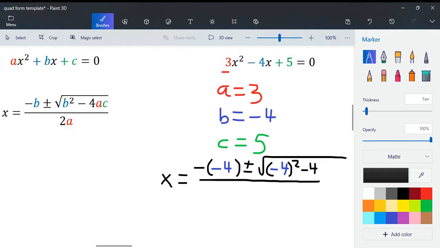Minus 4ac. Your a in this problem is 3, and your c is 5. All of that is divided by 2 times your a.